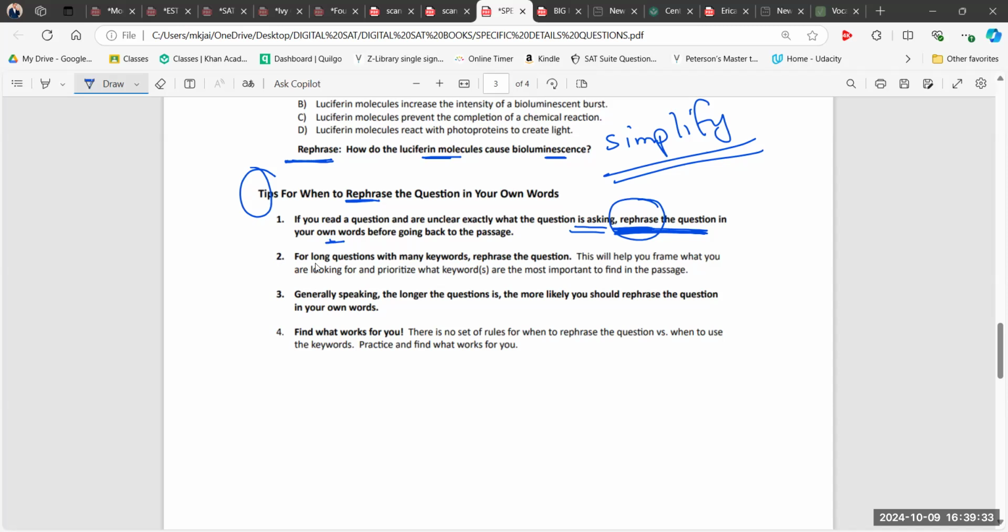That should be done for long questions, not all. Think about the keywords. Generally speaking, the longer the question is, the more likely you should rephrase. Okay, so limit this skill to lengthy questions only.